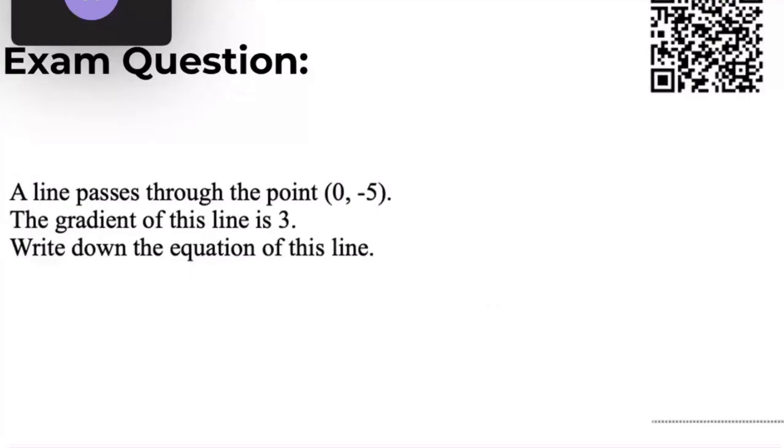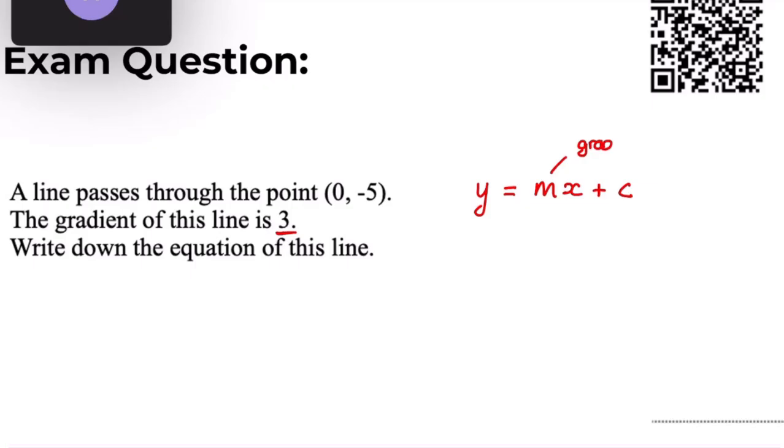So we know that the equation of a straight line is going to be y equals mx plus c. That's the equation of a straight line. We know that the gradient is 3. We've been given the gradient. Okay, sometimes you have to work it out, but we've been given the gradient in this case.